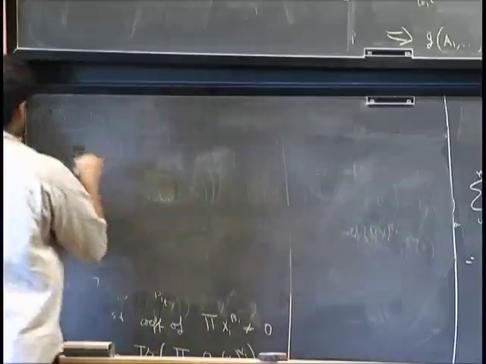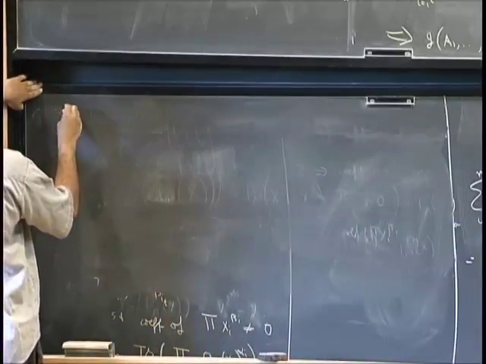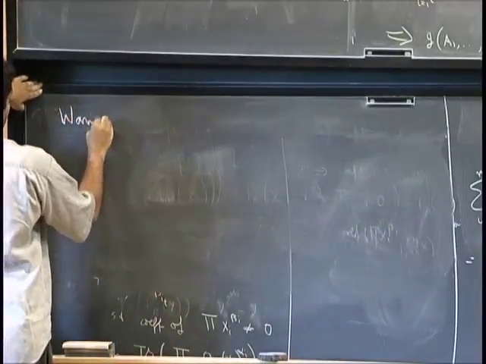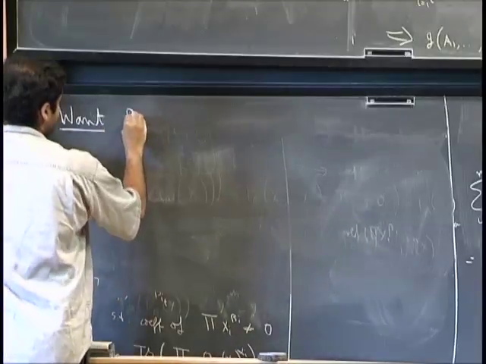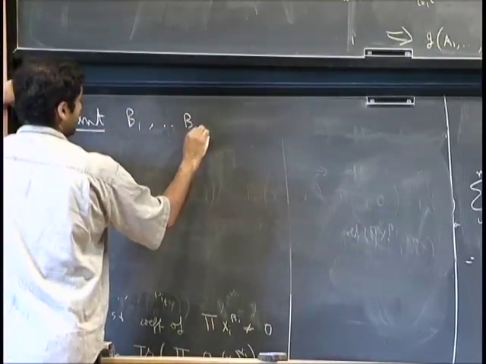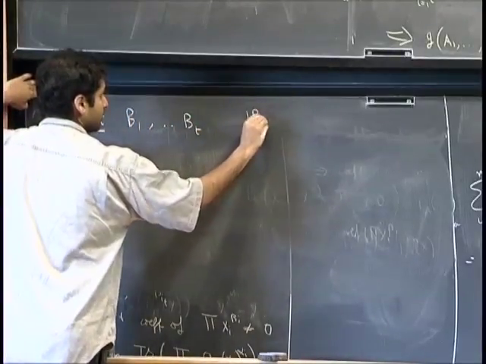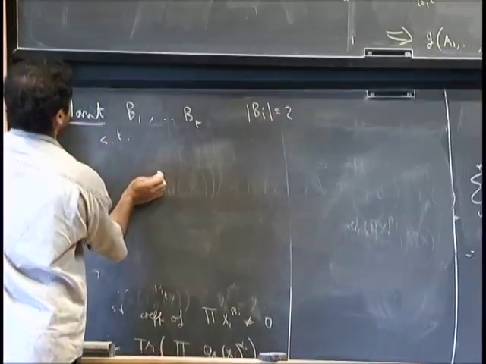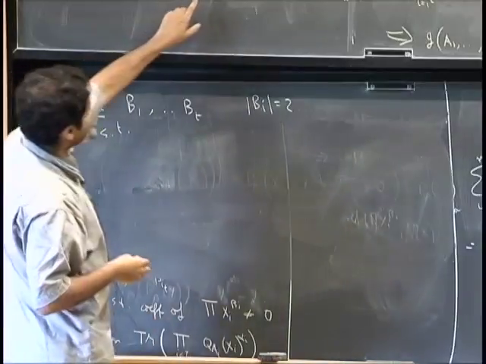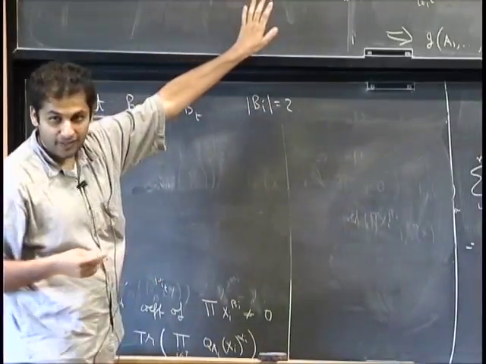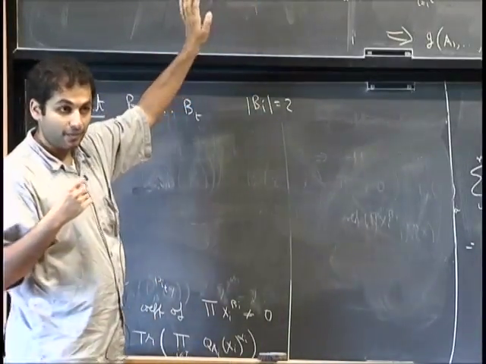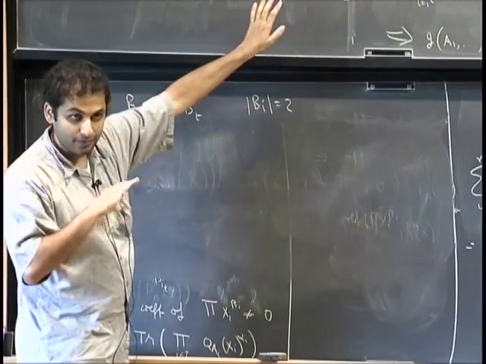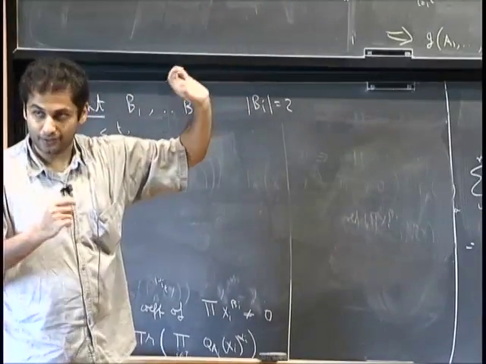We want B_1 up to B_t, each of size 2, such that I make the w equal to 0 term of this non-zero and the w non-zero terms of this 0, so that when you take the sum you get a non-zero coefficient.